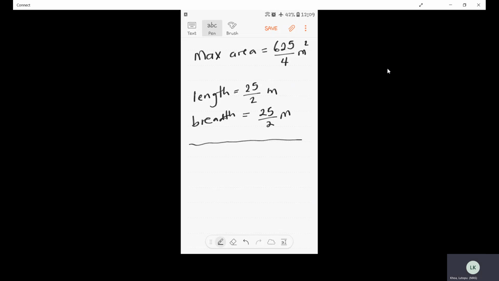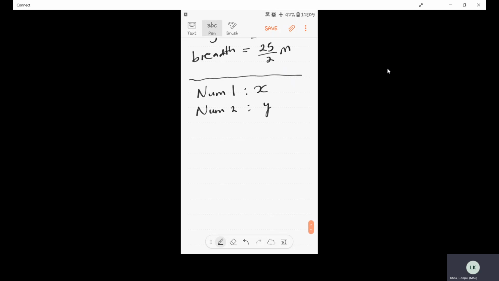So your two numbers, you can call them x and y. So you have your number 1, this is x, and then number 2, this is y. Now we are told that the difference between them, that means x minus y, is equal to 20. And the product of the two numbers is just xy. So we want to find the smallest product. So smallest product means minimum value.